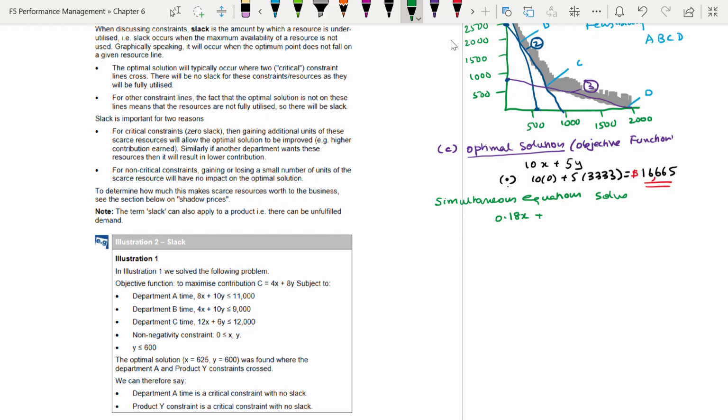The second equation is 0.05x plus 0.02y equal to 50.